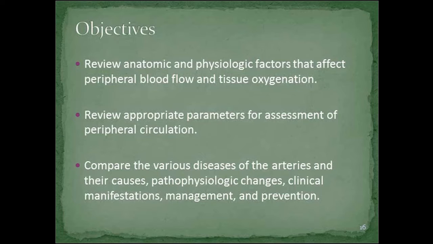You're going to have to kind of do that yourself. Appropriate assessment parameters for peripheral circulation. Basically, in a nutshell, that is cap refill and pulses and skin color. Okay, so there you go. There's your review for that. And then we're going to talk about a few of these different problems and their causes, manifestations, and how to take care of them.